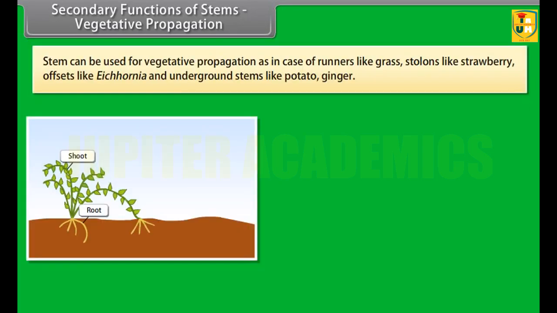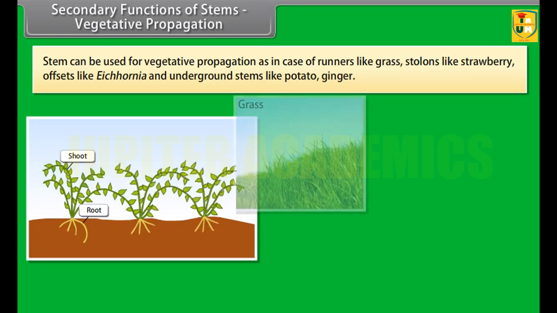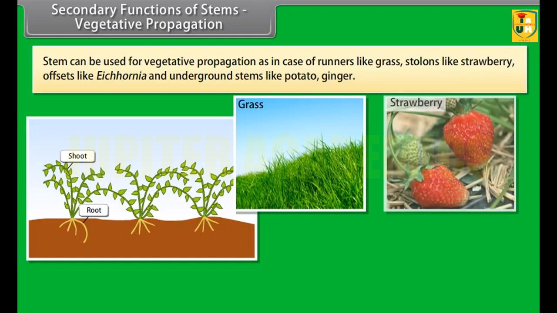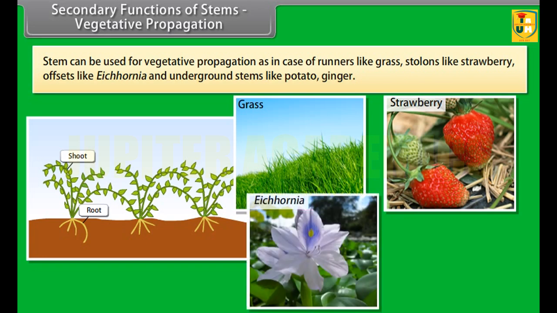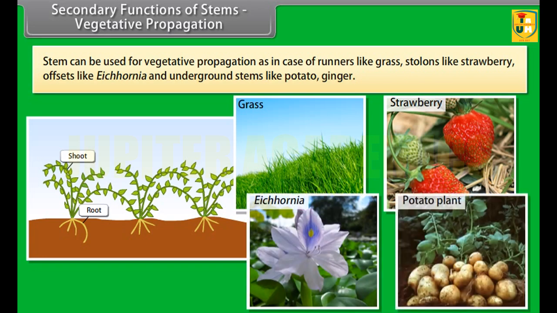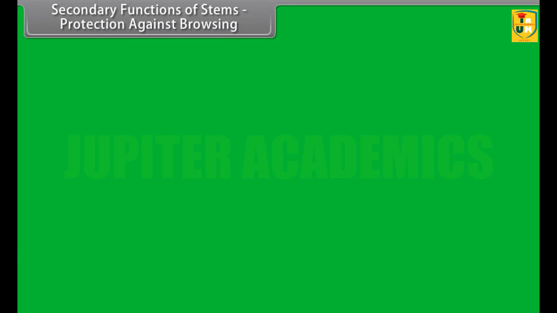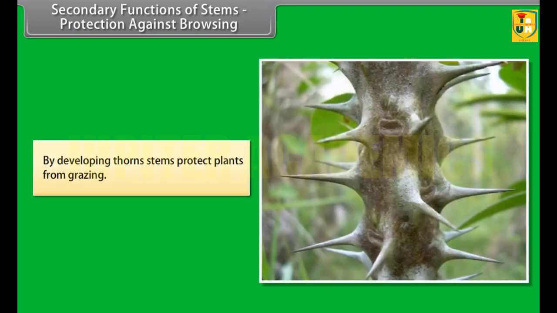Stem can be used for vegetative propagation, as in case of runners like grass, stolons like strawberry, offsets like Eichhornia, and underground stems like potato, ginger. Protection against browsing. By developing thorns, stems protect plants from grazing.